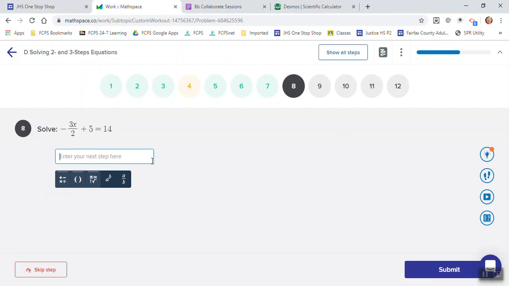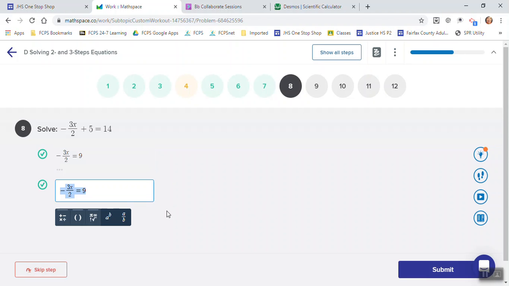Question 8. So this is very much the same. So negative 3x over 2 plus 5 equals 14. So first you subtract 5 from both sides of the equation. So the left side becomes negative 3x divided by 2 equals 14 minus 5, which is 9, right?